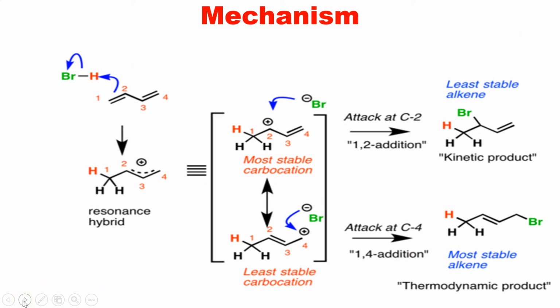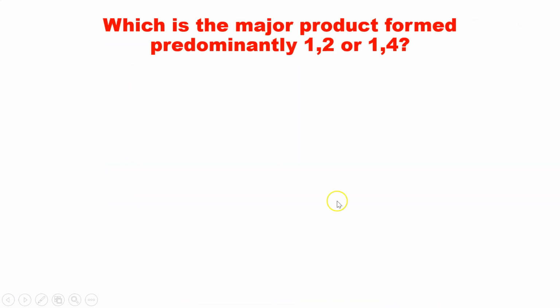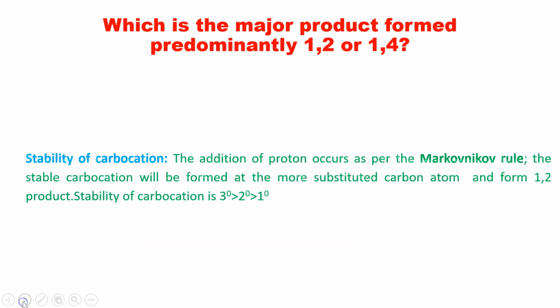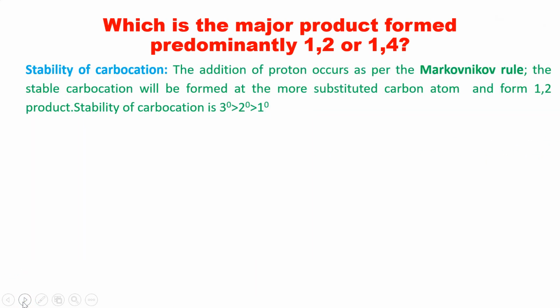Now which product do we get in the major quantity, the kinetic product or the thermodynamic product? It depends on the conditions we are running the reaction under. So let us see which product predominates, the 1,2 addition product or the 1,4 addition product. First is the stability of the carbocation. The addition of the proton occurs as per the Markovnikov rule.